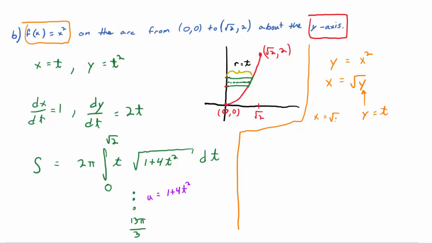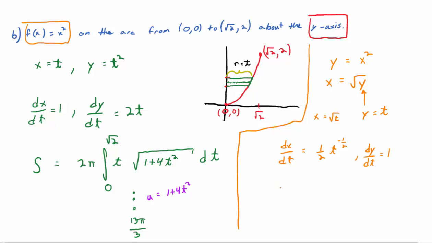Root t. So if you go ahead and take the derivatives real quick, what would they be? dx/dt is 1/2 t to the negative 1/2. And dy/dt, 1.